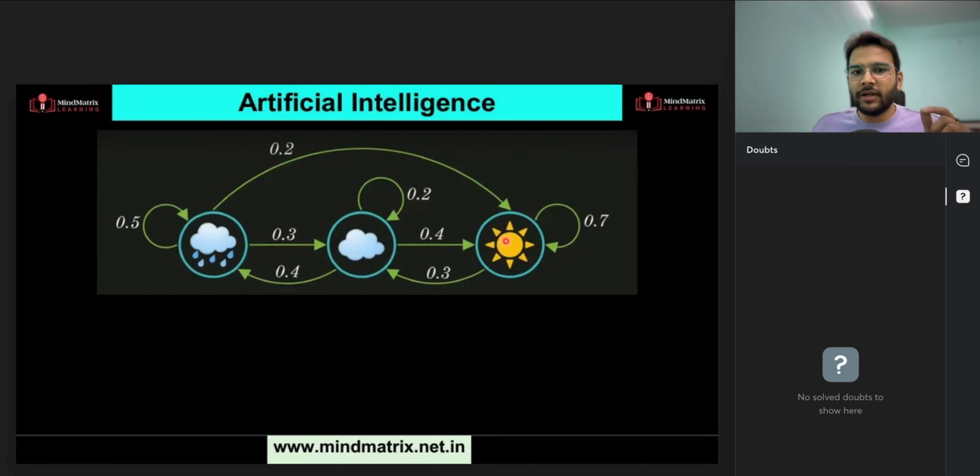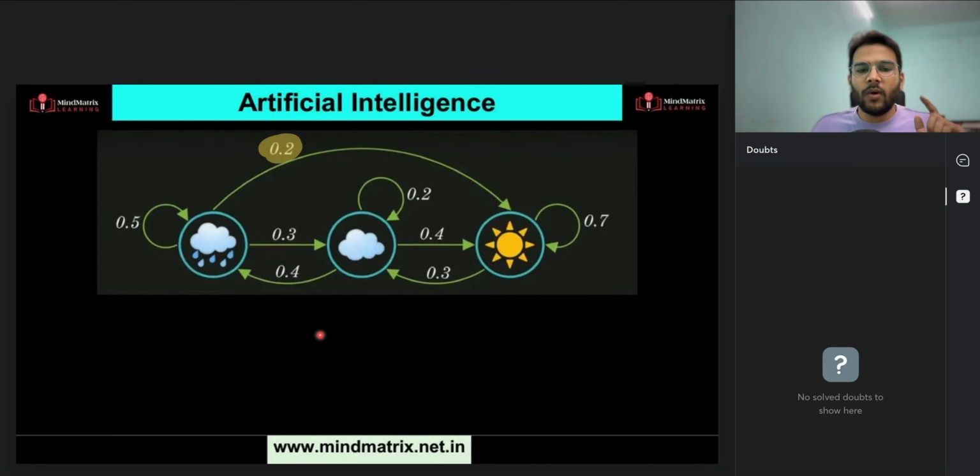This is nothing but a Markov chain. If it is sunny today, there is 0.7 probability that it will be sunny tomorrow also. Similarly, if it is raining today, then there is 0.2 probability that it will be sunny tomorrow. So like this, you can read this entire Markov chain. Yes or no, everyone? Simple, right? So these transition probabilities are given to you.